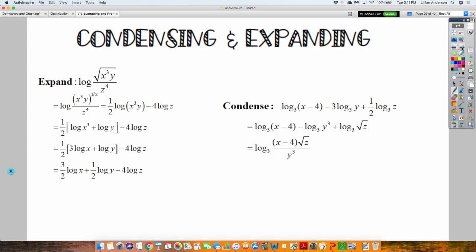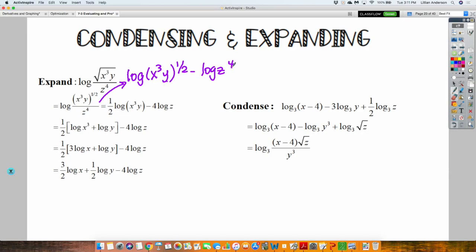Is everybody with me up to the second line? Okay? So if anything, the one step that you could add in is this one. You have log x to the third y to the 1/2 minus log z to the fourth. That could be the line that you could add in before you actually apply the power rule to the front. Okay?